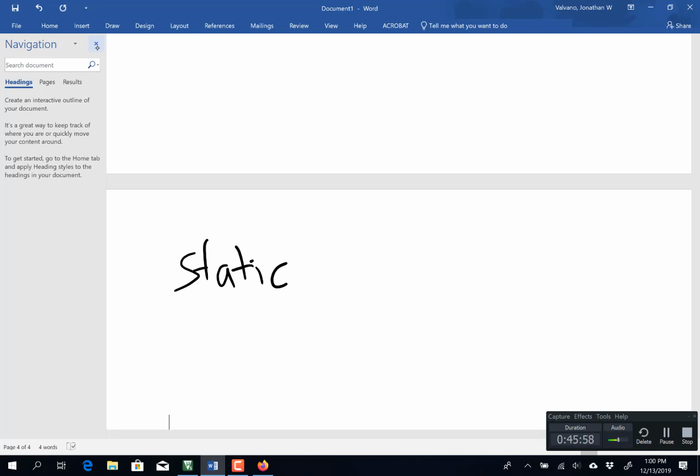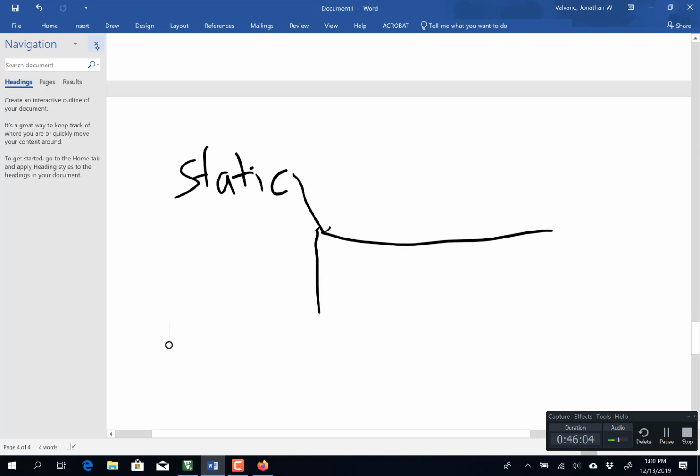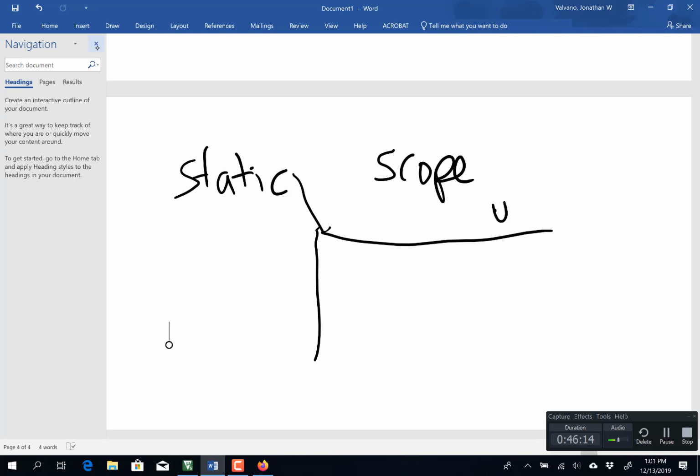In 319K, we defined variables with the following characteristics. The first was this issue of scope. And when I say scope, I mean everywhere, unrestricted. That is anywhere, not any time, but anywhere.